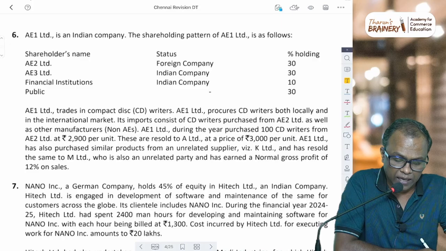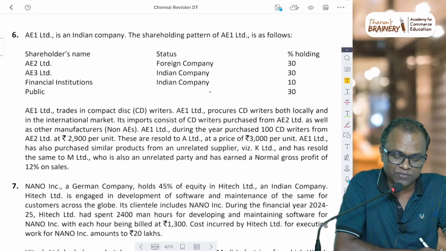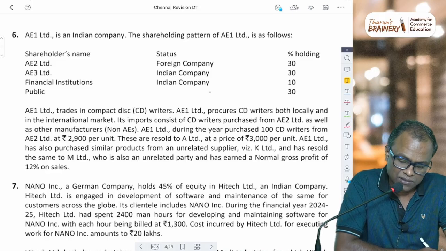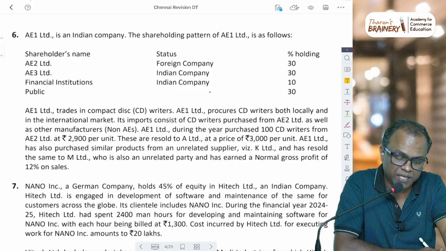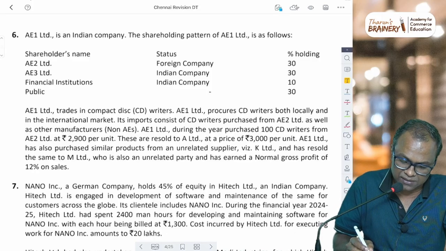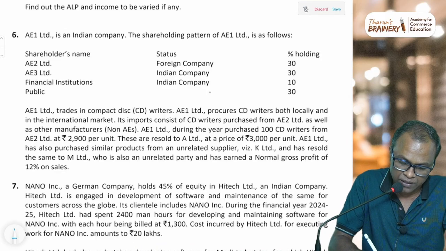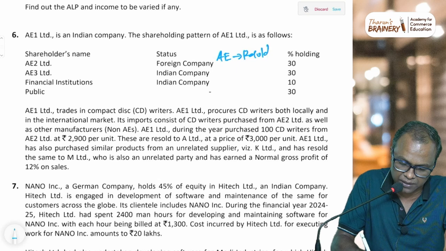So actually in this question, material differences between related party and unrelated party transactions have not been given. So it's a very simple question. Simply follow the steps mentioned in the rules on how we will value. First take the price, that is the resale price at which it is resold to customers, from AE and resold to an unrelated party in India.